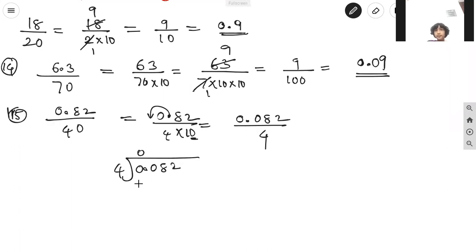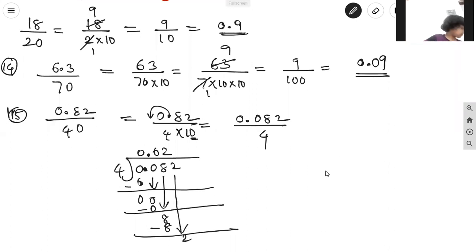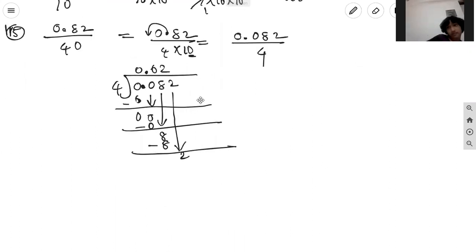Here 4 zeros are 0, minus, it's 0. The decimal point is written in the quotient, write down the tenth digit. 4 zeros are 0. It's 8. 4 twos are 8, minus, write down the 2. 4 zeros are 0.